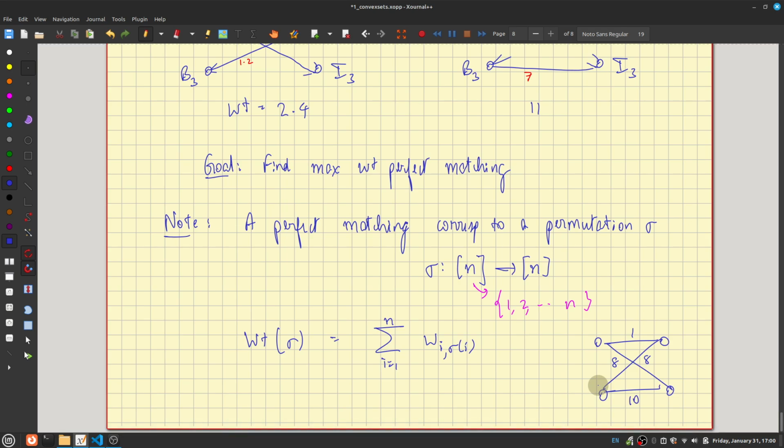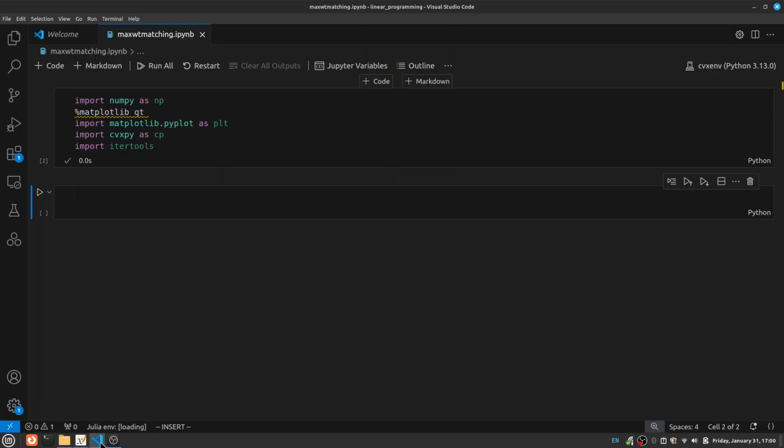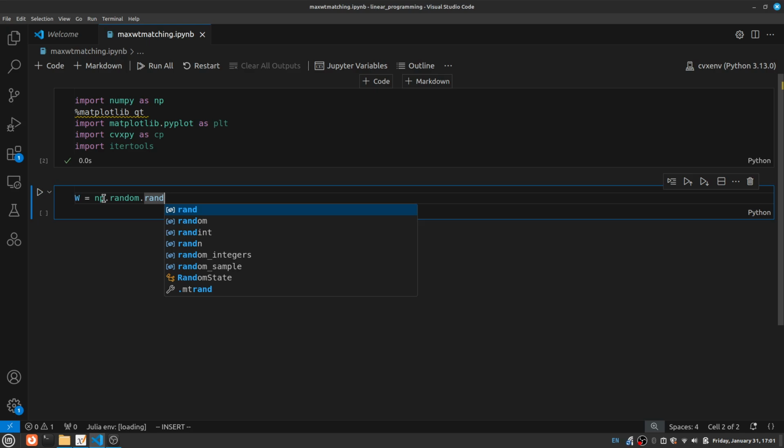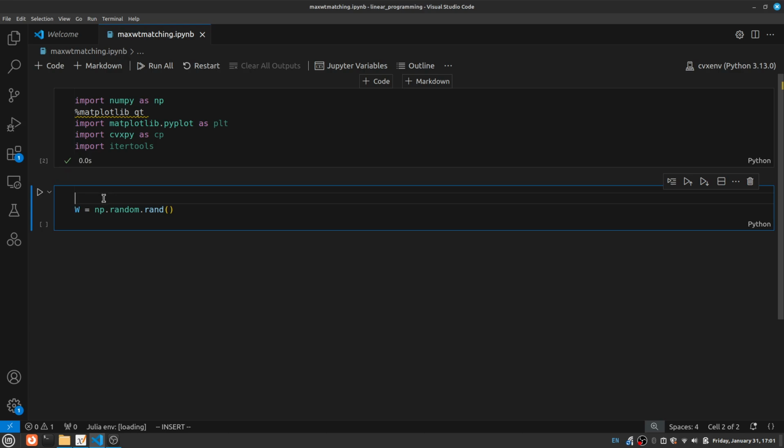So first let's just write a program to find the maximum weight perfect matching and see how it does. Let's just use the brute force approach. What I'll do is generate a random weight matrix. Let's fix some n.